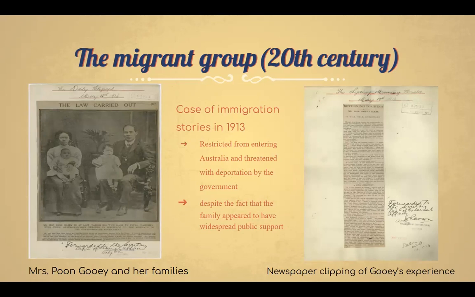For example, Mrs. Pun Gui, as a woman deeply affected by the White Australia policy, had to return to live in China with her family and children in 1913 because she was restricted from entering Australia and threatened with deportation by the government, even though her husband was already a very successful local businessman, having been featured in newspapers and supported by other social communities in Australia.